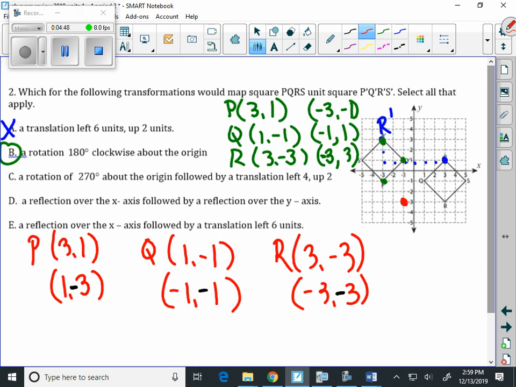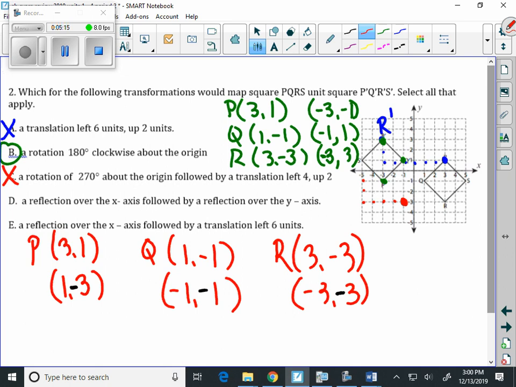And then it says, followed by a translation of left 4 up 2. So we're going to go left 4, 1, 2, 3, 4, up 2, but it doesn't even land on any value there in the picture. So we didn't even have to do the other points, but it is not going to be C.